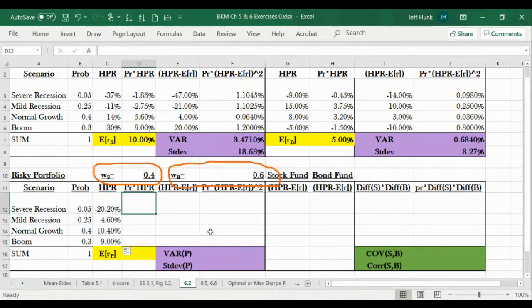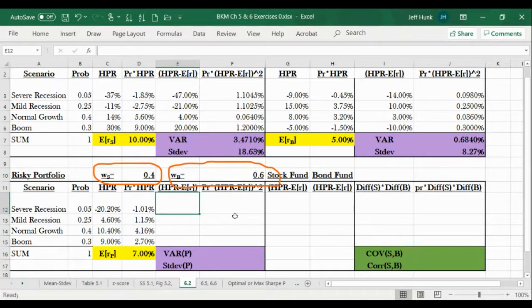And then to find the expected return on our risky portfolio, I weight them by probability, drag it down, and using auto sum, I get this, right?